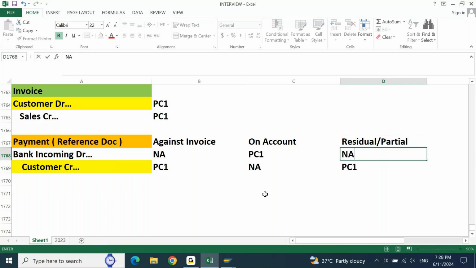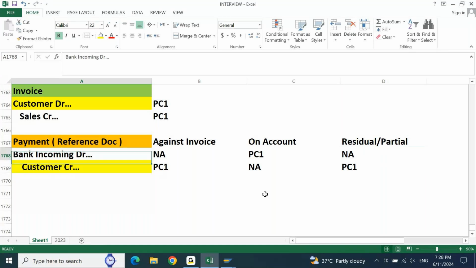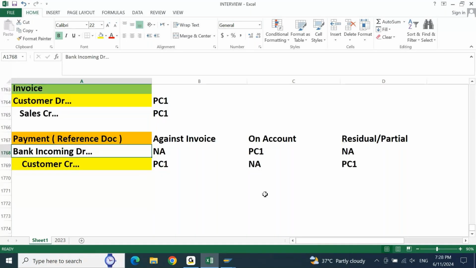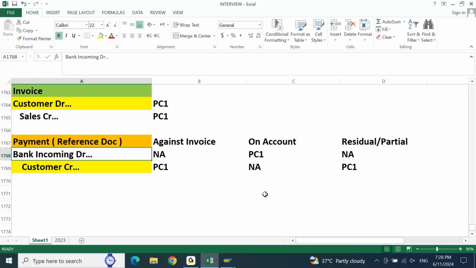Here it is NA. Now, these are all the passive document splitting. When it comes to payment, if you tell only one, and what if you get a cross question, how will document splitting work in case of on account payment? Fine, Ajay, tell me how the system will do the document splitting in case of on account payment.